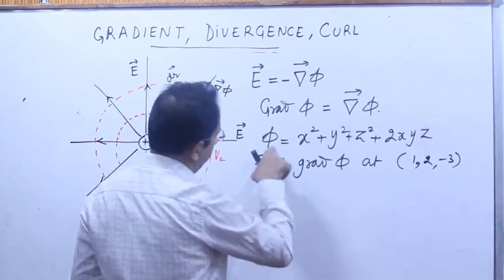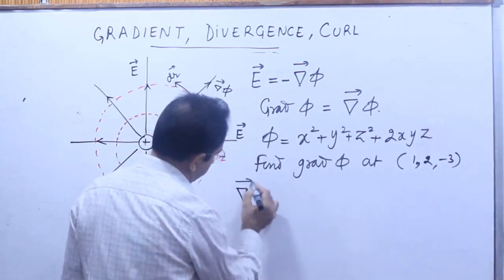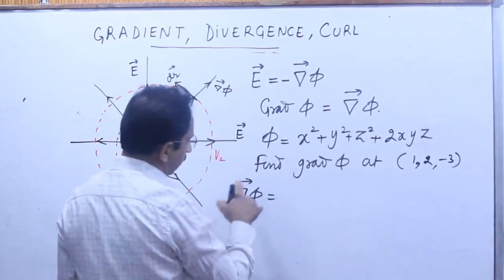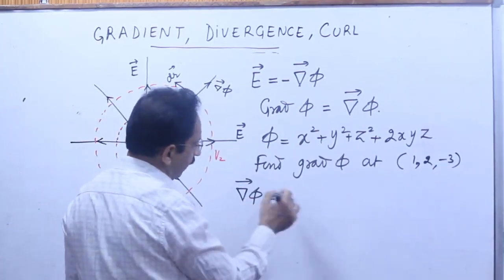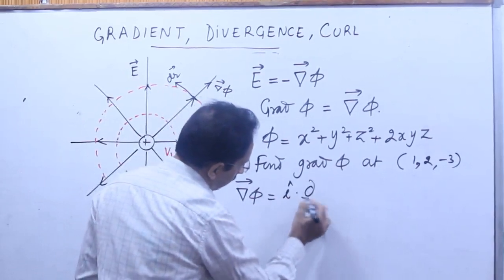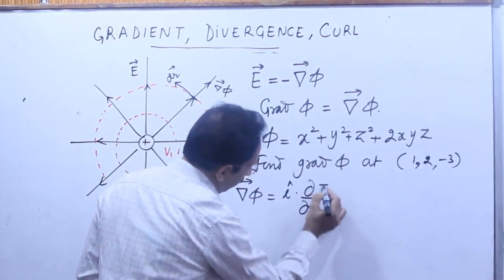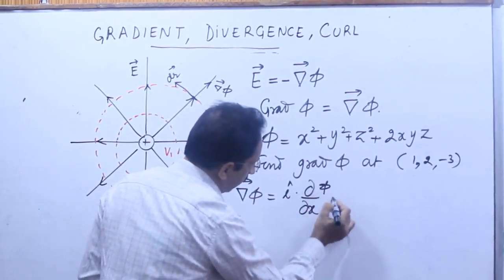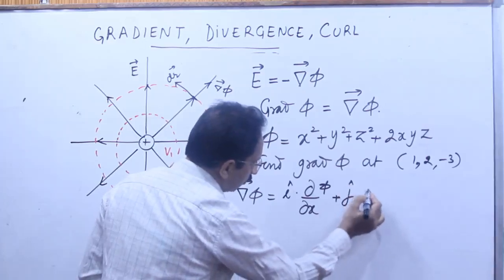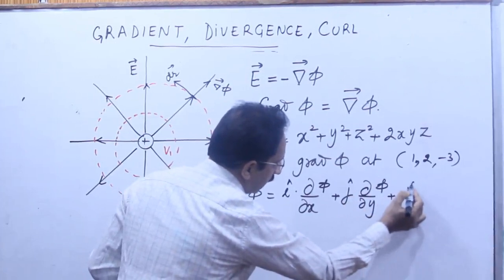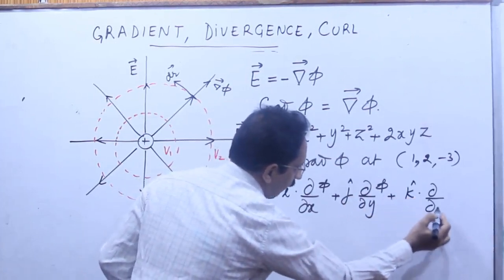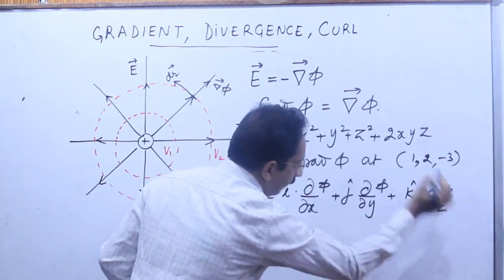What we do is find the gradient of this scalar function phi by introducing the del operator and operating with the del operator on phi. So I have i cap into dou over dou x of the scalar function phi plus j cap into dou over dou y of phi plus k cap into dou over dou z of phi.